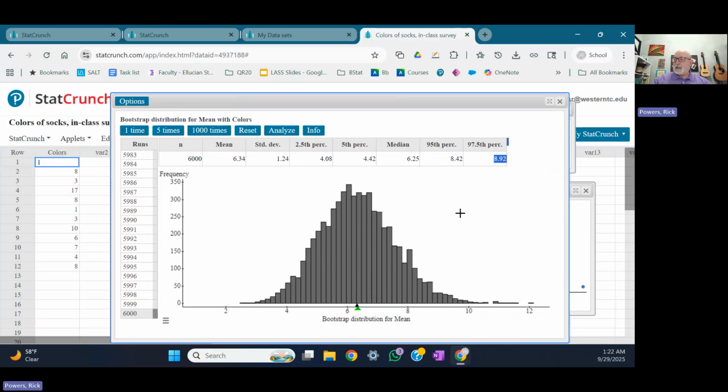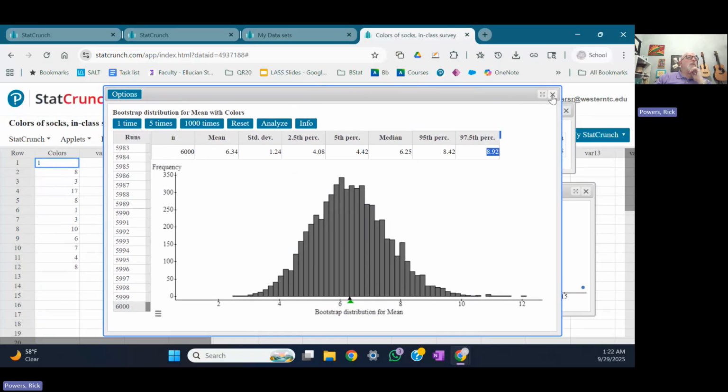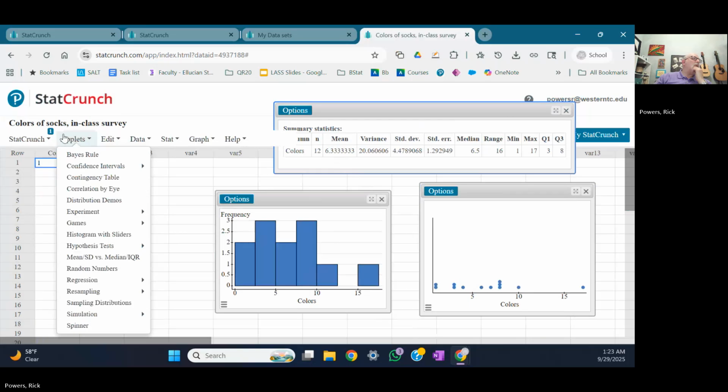What is this? This is an interval that we're using to predict where we think the population mean would be. Clearly, what we had in the original thing, and I'll just close this for a minute, what we had here originally was a mean of 6.33.